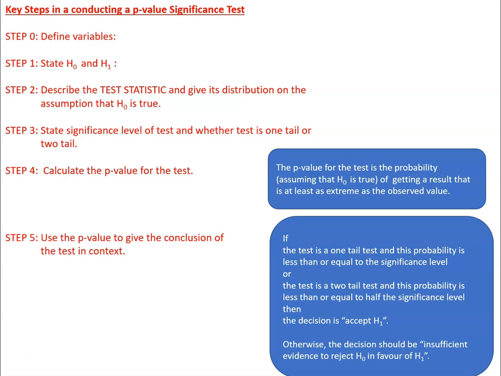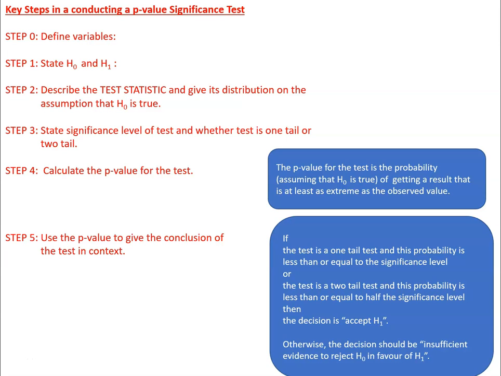If the test is a two-tail test and the p-value is less than or equal to half the significance level, then the decision again is to accept the alternative hypothesis.